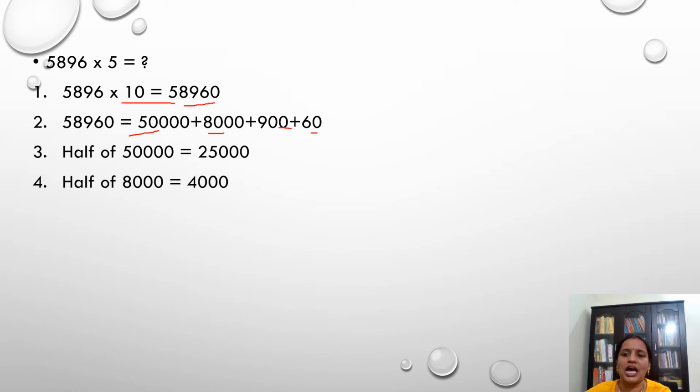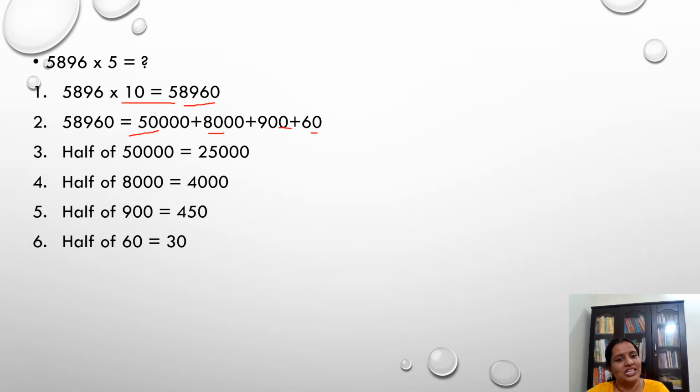What's the next number? Half of 900. Again, if you are very clear with the answer, just go on. I'll split the number as 800 and 100. So half of 800 is 400, half of 100 is 50. So half of 900 is equal to 450. Next, 60. Half of 60 is equal to 30.